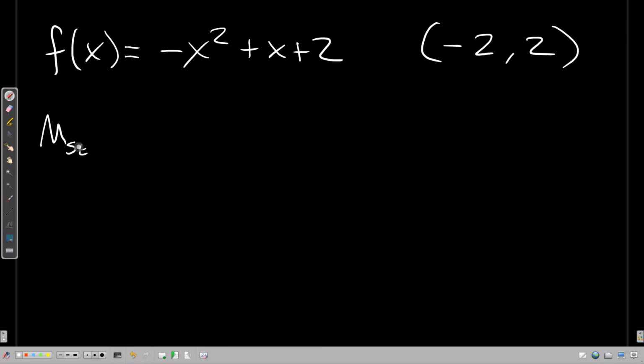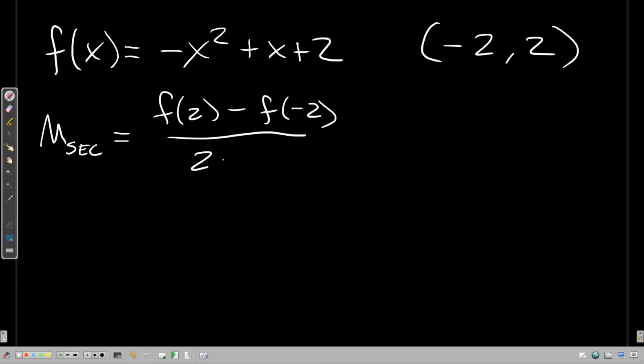So the slope of that secant line is just going to be f of 2 minus f of negative 2 all over 2 minus negative 2. And f of 2, it looks like, will be minus 4 plus 2 plus 2.